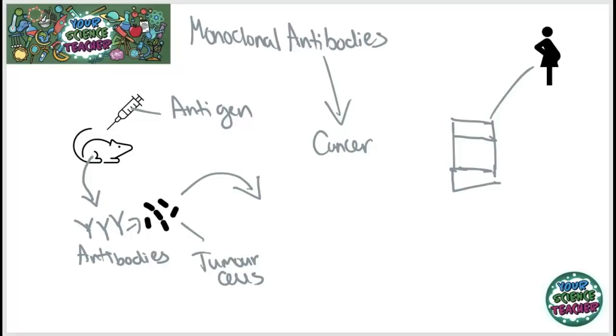But the problem with monoclonal antibodies is sometimes they have been quite dangerous because of the fact that we use mice in order to collect a lot of the antibodies. Sometimes it doesn't fit too well with humans' bodies, and sometimes they get rejected and it can have some catastrophic consequences. So it's really important that we test out our monoclonal antibodies before bringing them to market.